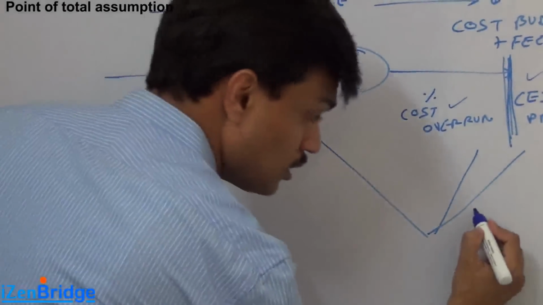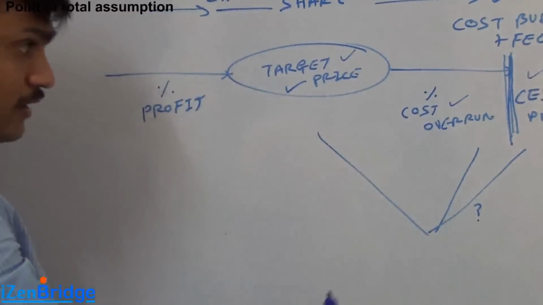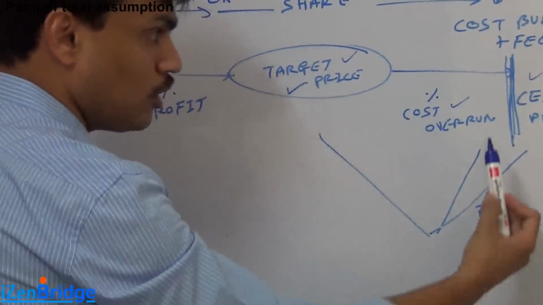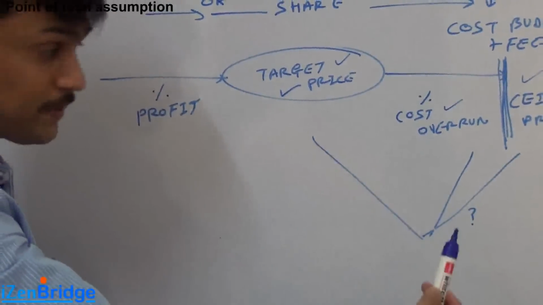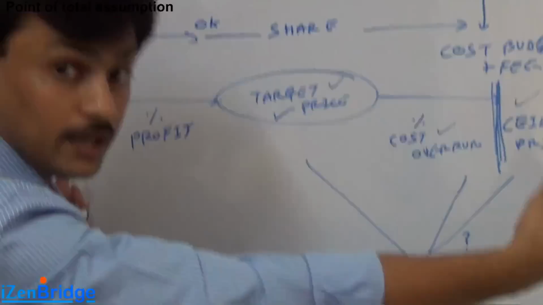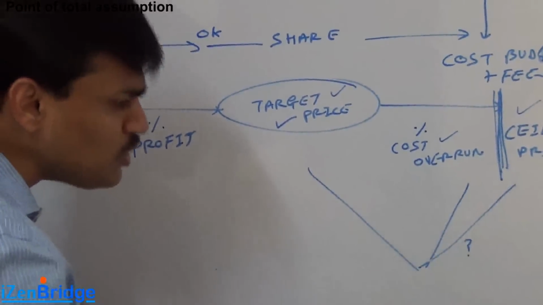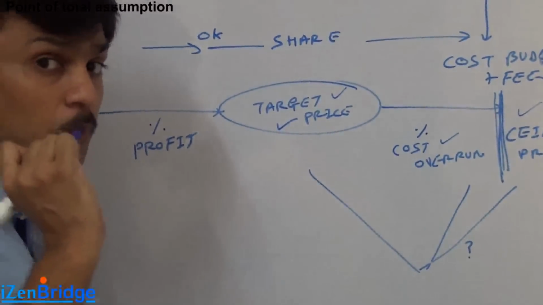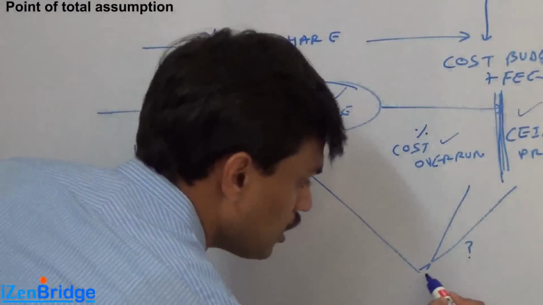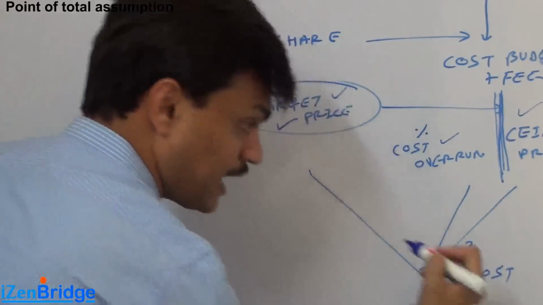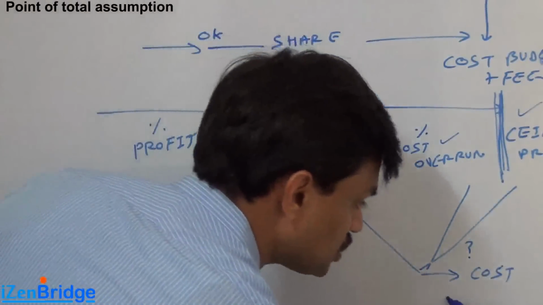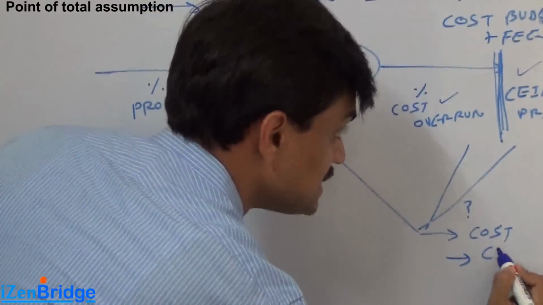He gets worried, what if my cost overrun goes beyond the selling price? If it goes beyond the selling price, I have to pay all the extra money. So I want to know at what point in my budget, in my project, at what cost I will touch the ceiling price.